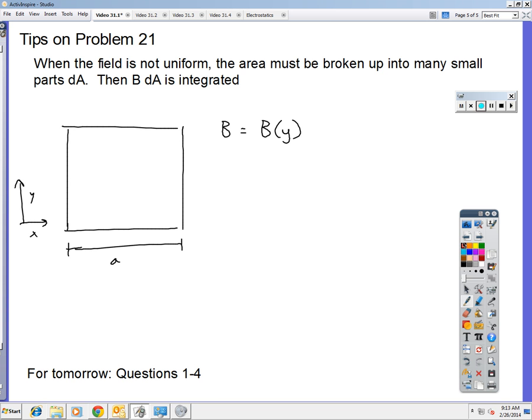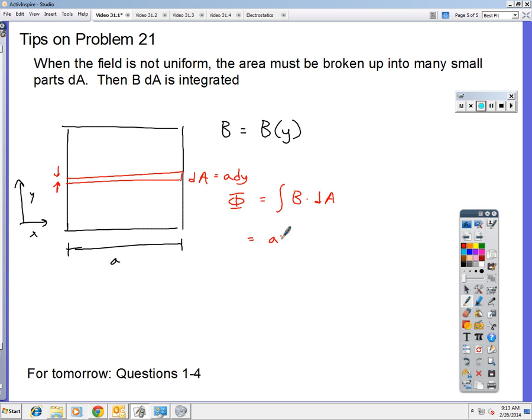And so what you'll do is, remember phi is equal to the integral of B dot dA, your dA will be a long, narrow strip that equals the width of the loop times dy.